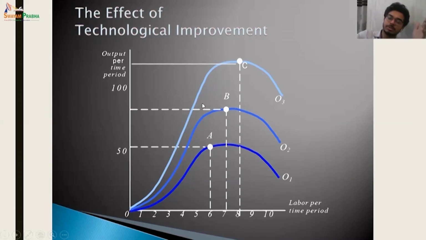So with the same production configuration, your total quantity of production is just multiplied by a certain number. Yes, that is the effect of technological improvement.